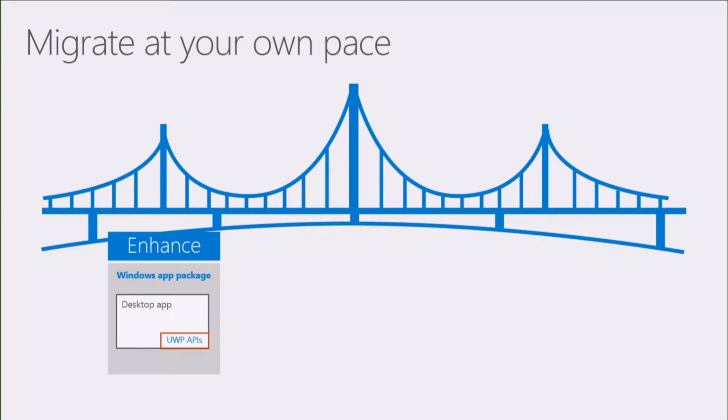The first phase is the enhance phase, and that is adding UWP APIs into your existing code base. So you have your WinForms application, and you want to add push notifications, for instance. You can directly add those APIs into your code without having to migrate over to a new app model or rewrite your code as is. That's the first, less time-consuming step that you can take.